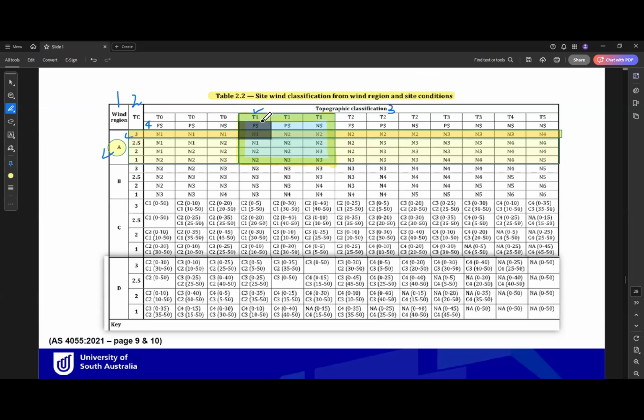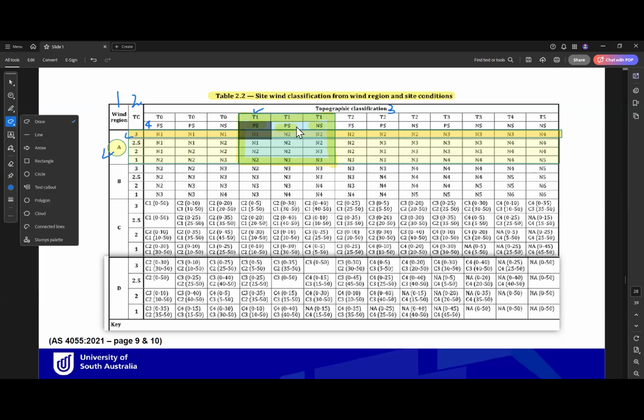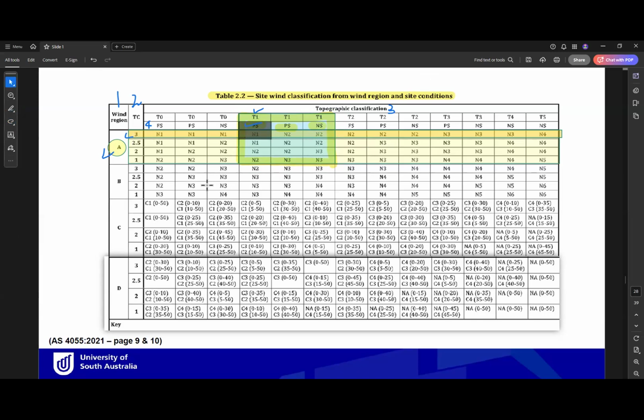Under the topographic class, we have FS meaning full shielding, PS meaning partial shielding, and NS no shielding. So again, A, TC3, T1. Under T1, you need to select FS, PS, or NS. In our case, it is full shielding.